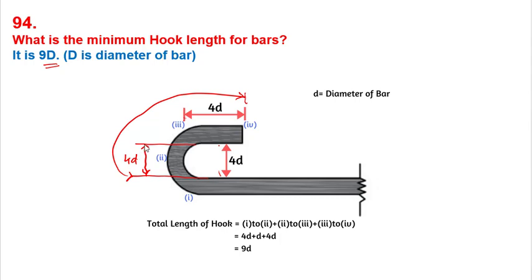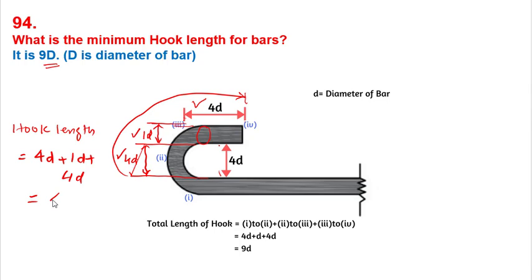So we know this is 4d and this is 4d. The remaining distance we need is this one. If we get this distance, then we need to add them all. So what is this distance? This is the diameter of the bar, right? That will be 1d. So what will be the total hook length? Hook length will be equal to 4d plus 1d plus 4d.